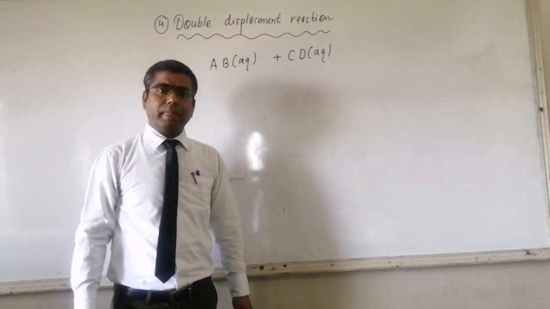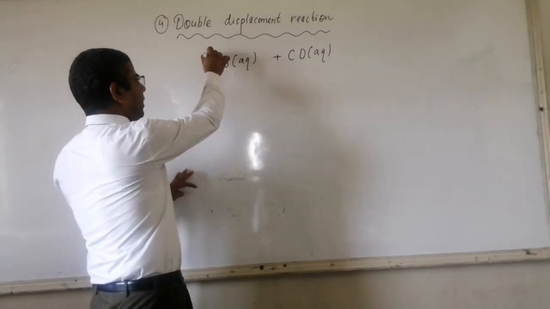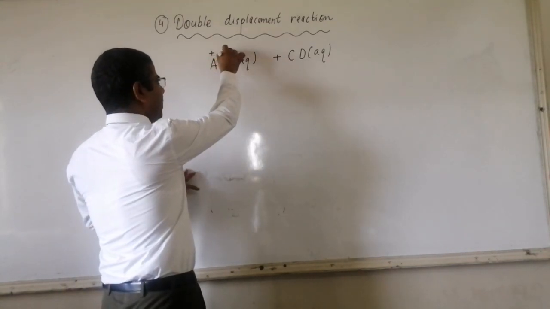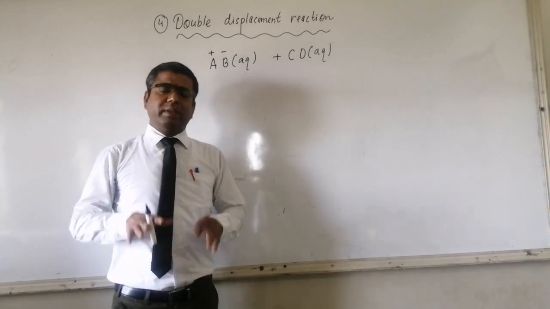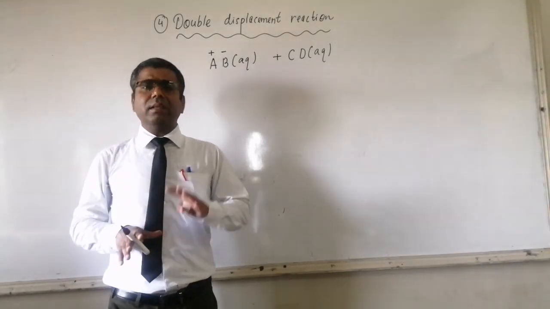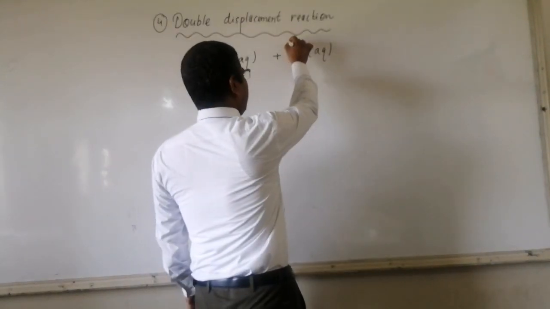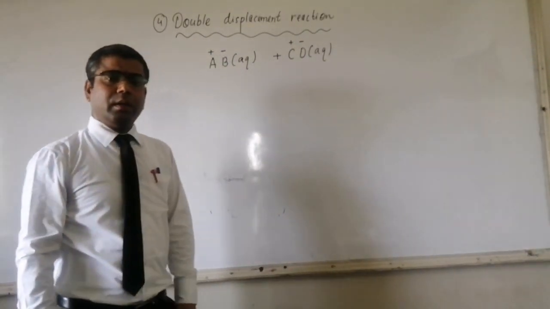Imaginary compounds, ionic compounds. A is your cation and B is your anion. According to the rule, first we write cation, then we write anion. So similarly in CD, C will be your cation and D will be your anion.